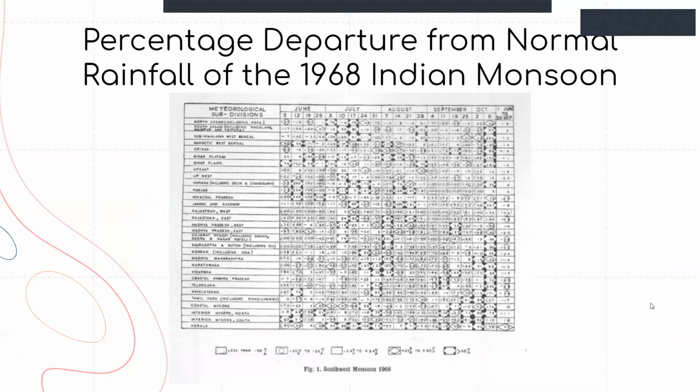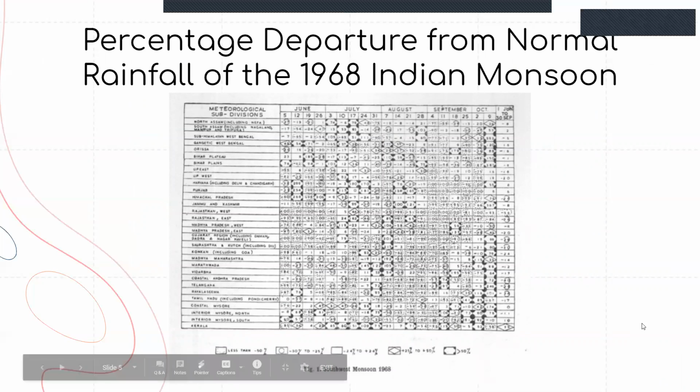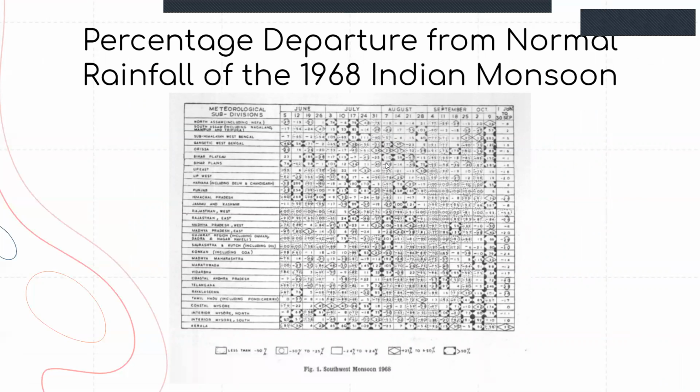So here we have a calendar graph that is showing us the rainfall that's different from average. And I guess the baseline here is 1 inch of rainfall.